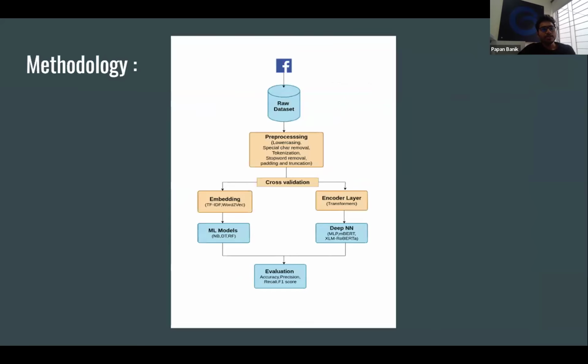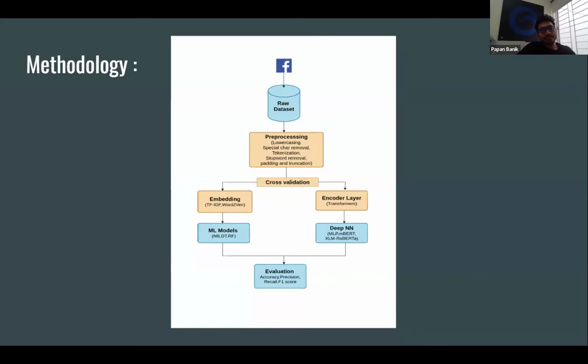Moving on, here is the methodology I use for my paper. I collected data from 3 sources, but here I mention Facebook. After collecting the raw dataset, I pre-process the data and divide it for cross-validation, which helped me with better analysis.